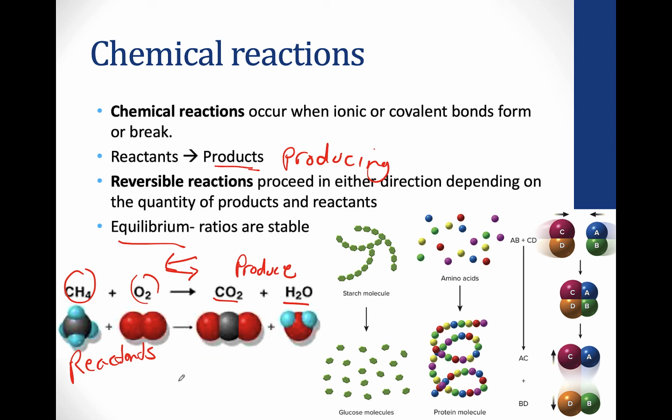An equal state might be when there's 4 times the reactants for every 1 product, and the reaction is stable. So it's usually just a stable ratio between reactants and products that results in an equilibrium state.